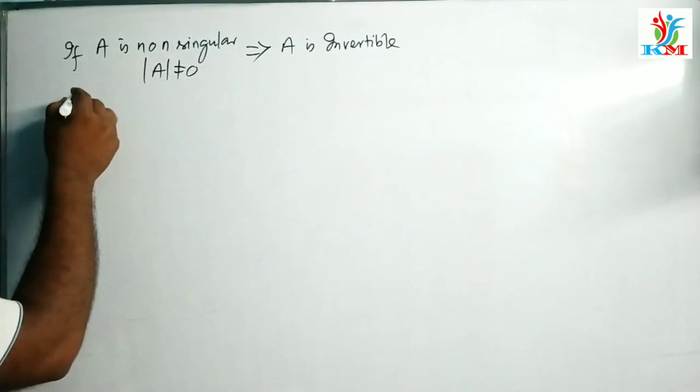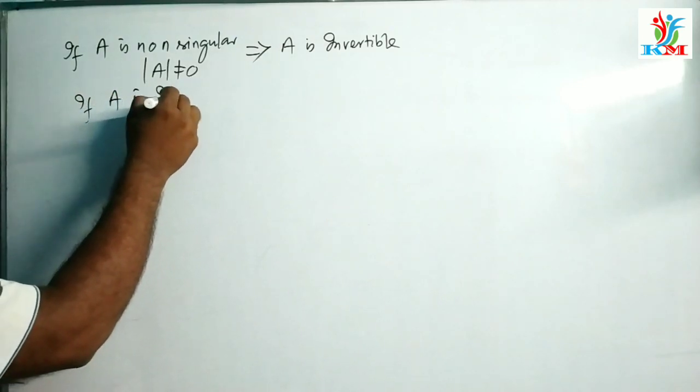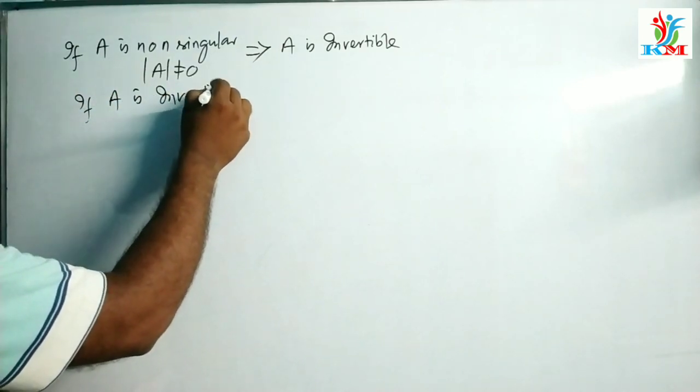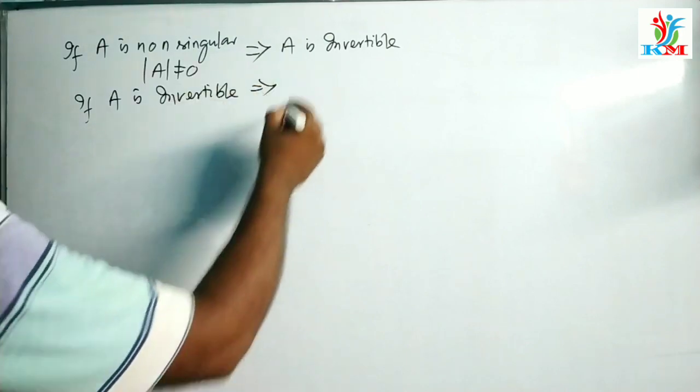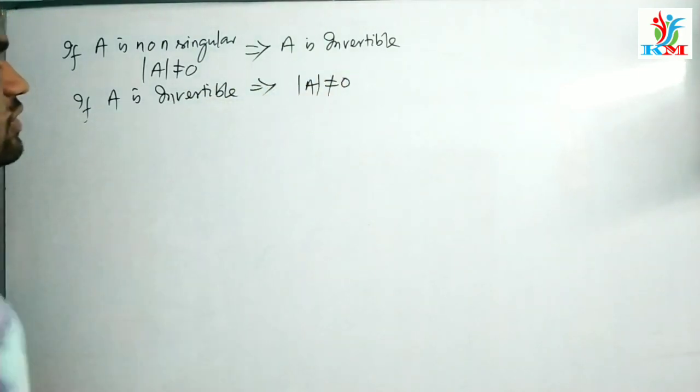And in the reverse way, if A is invertible, then this implies that determinant of A is also not equal to 0.